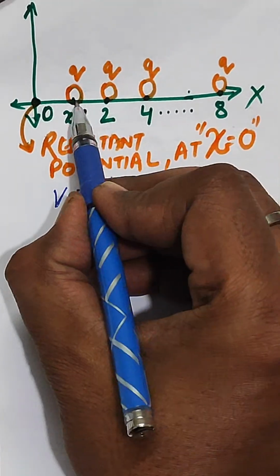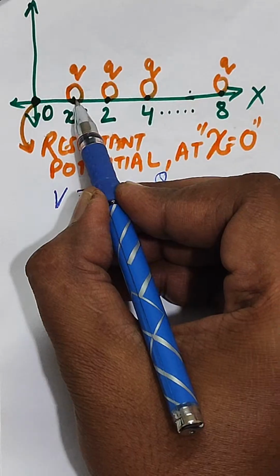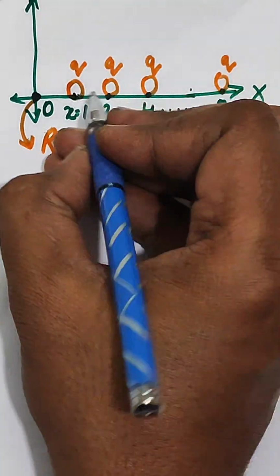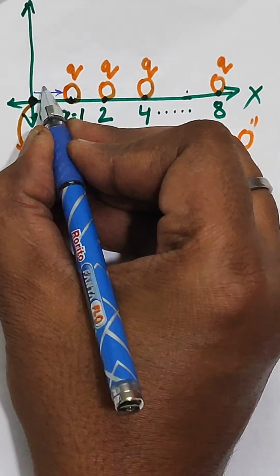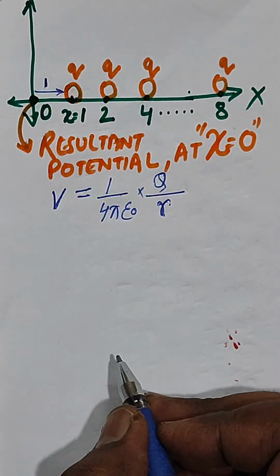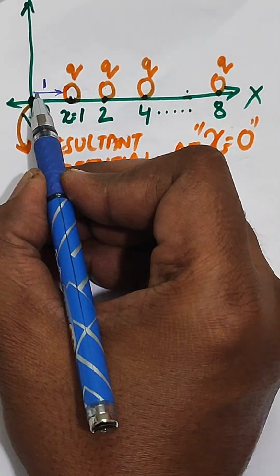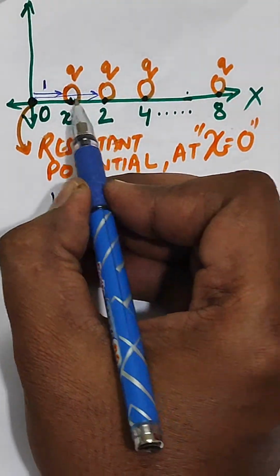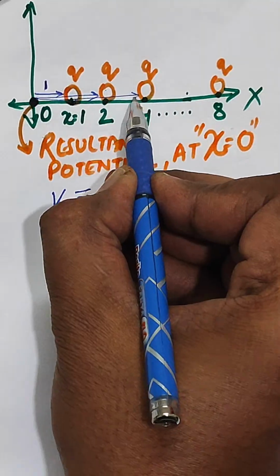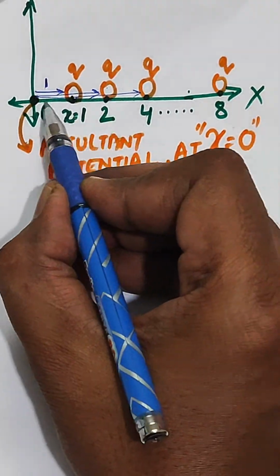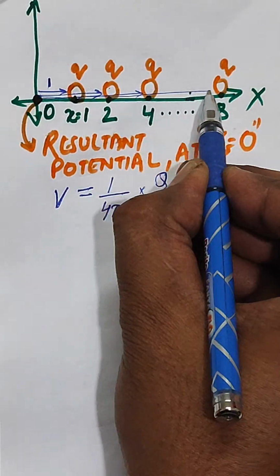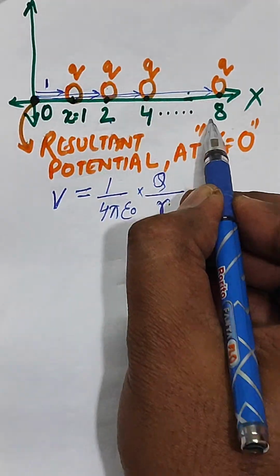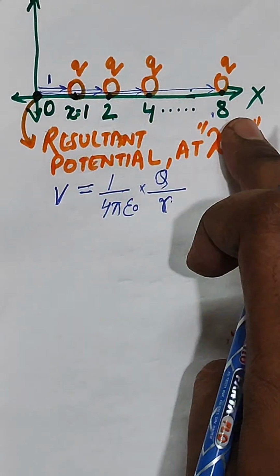Here x equal to 1 is the first location for the first charge, located at a distance of 1 unit. Similarly, the second charge is placed at a distance of 2 units, the third charge at 4 units, and the fourth charge at 8 units. So you can see the numbers 1, 2, 4, 8 are following a sequence.